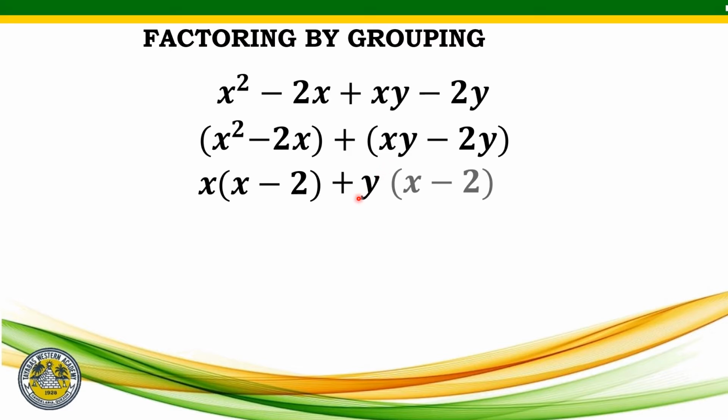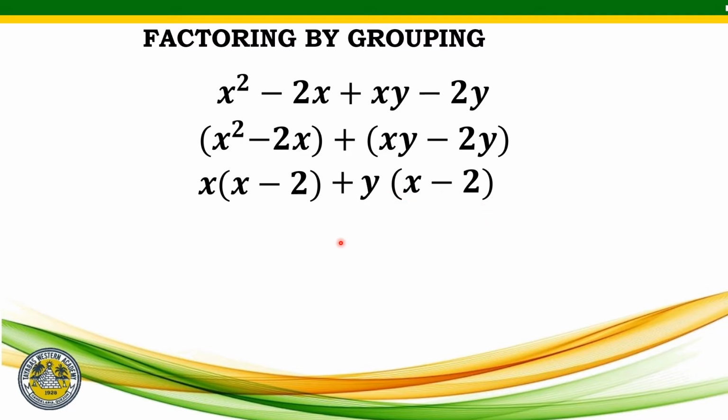Then ang matitira lang is x. Then copy the sign, negative. So 2 divided by 1 is 2. Then y divided by y is 1. So the new terms inside the parentheses are x minus 2.